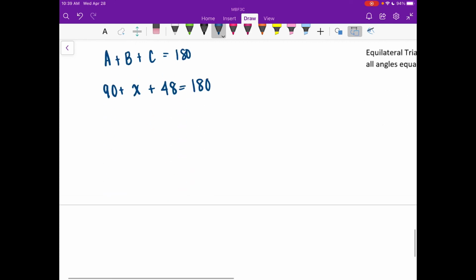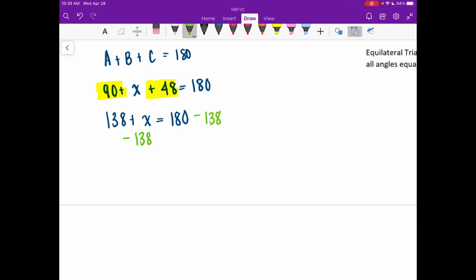So let's collect our like terms here. We can add these two together to make our life a little bit easier. So let's do 90 plus 48, which is going to be 138. 138 plus x is equal to 180, right? And now I want to get rid of that 138, so I'm going to move it to the other side by subtracting it on both sides.